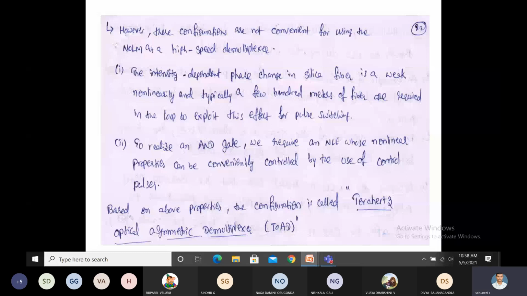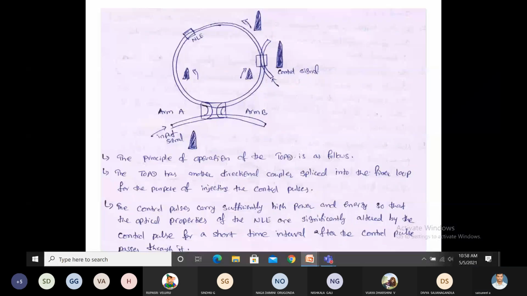Based upon these two properties, we go for the next configuration, the terahertz optical asymmetric demultiplexer, TOAD. In TOAD, instead of a single directional coupler, we are using two directional couplers.